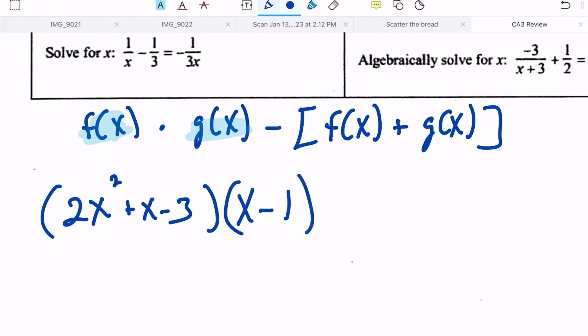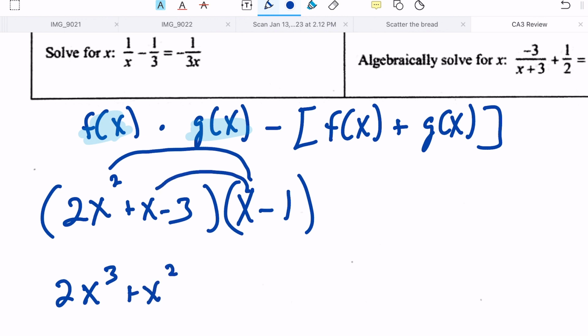So we have to do the distributive property. So x times 2x squared, well, that's 2x cubed, right? And then x times x, well, that's x squared.